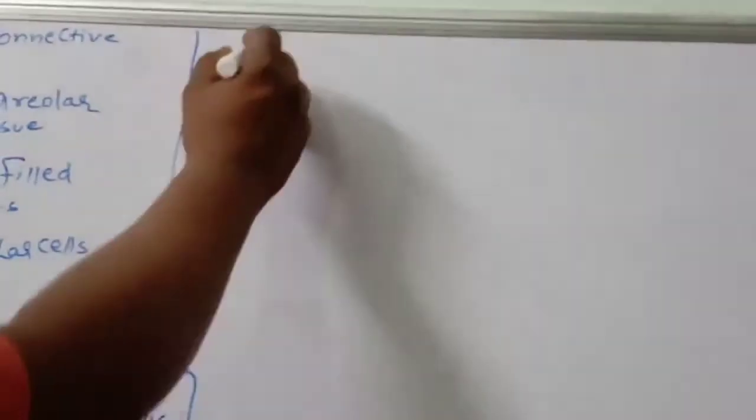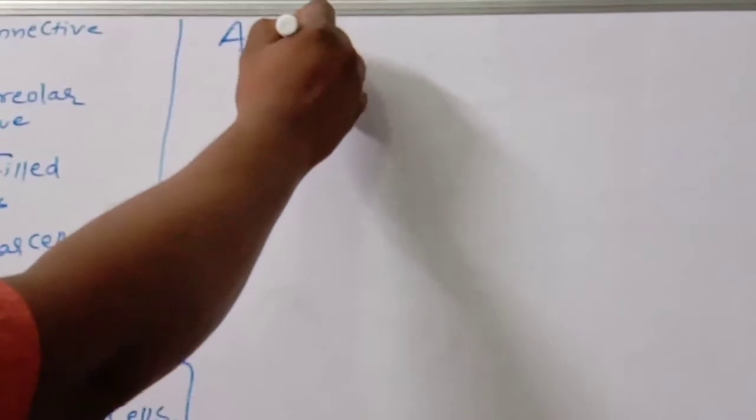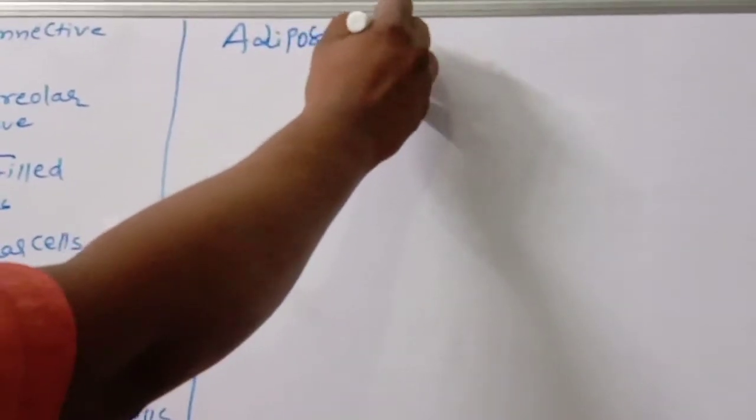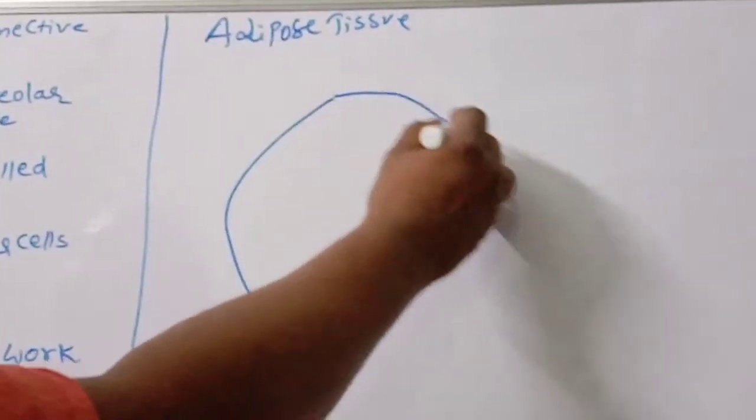The reticular connective tissue. Now we will discuss the adipose tissue diagram, very simple.